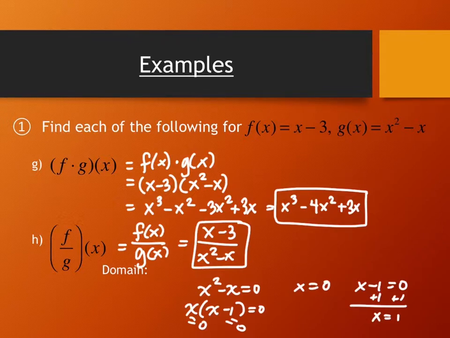Okay, so remember when we're writing domain, we're trying to say what we can have, not really what we can't have. So my domain is actually all x except x cannot equal 0 and 1. That's the domain that we've got going on.